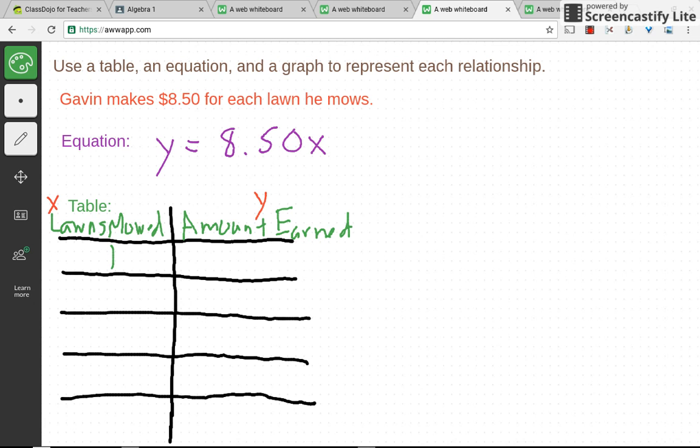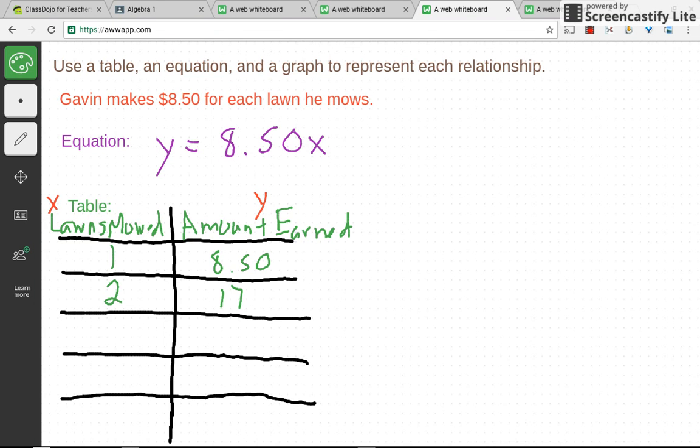So 8.50 times 1, he would earn $8.50. If he mows 2 lawns, X is 2. So $8.50 times 2 is $17. I'm just going to put regular 17 right there. So Y would equal 17.